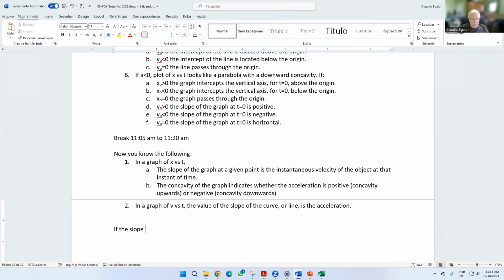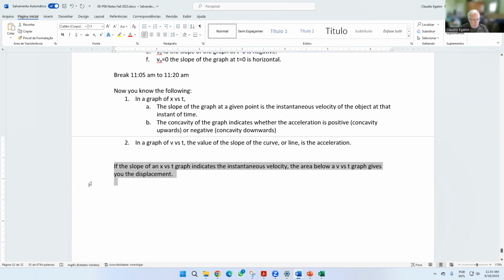If the slope of an X versus T graph indicates the instantaneous velocity, the area below a V versus T graph gives you the displacement. Okay.